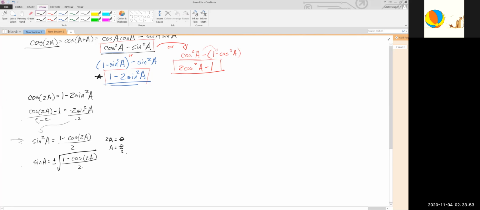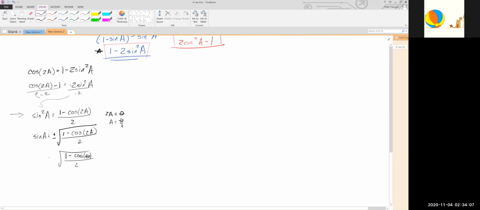So instead of calling this cosine of 2a, if I call that cosine of theta, the square root of 1 minus cosine theta over 2, sorry, my handwriting gets messy down here, then this a would turn into the sine of theta over 2, and we'd have our half angle formula. Shouldn't be a surprise that our double angle formula solves into our half angle formula. So awesome, half angle formula. Can I add that to the list up there? I'll do it in a second.